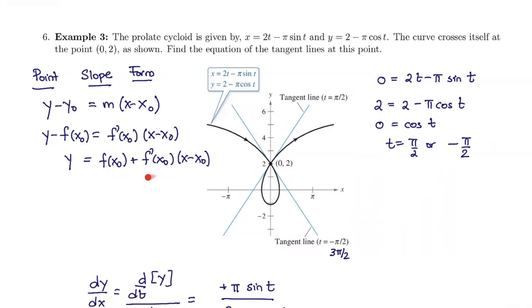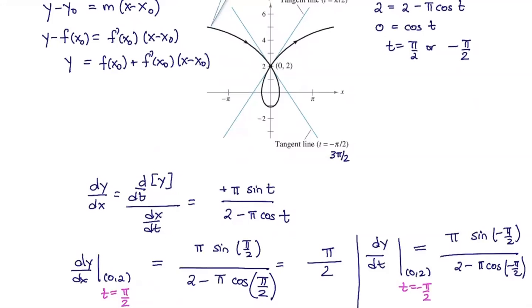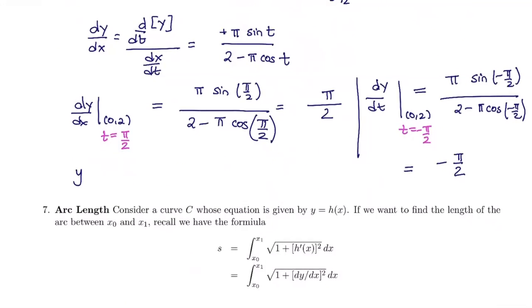These are the first two terms of the Taylor series centered around x naught. So that gives you the graph of the tangent line. So really, you've been doing Taylor series since Calc 1, and you didn't even know it. So let's find this in point slope form. So this would be y minus 2 is going to equal pi over 2 times x minus 0.